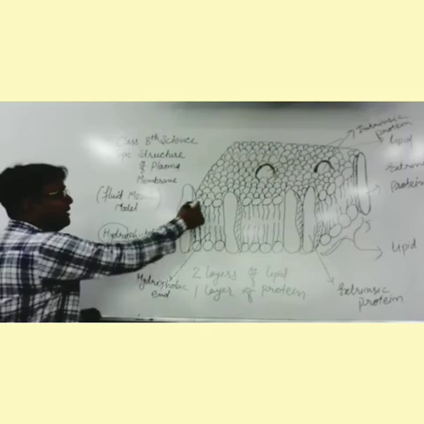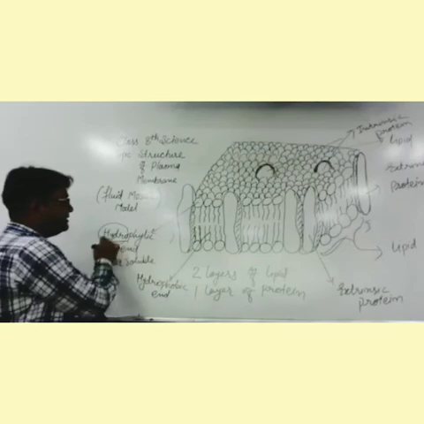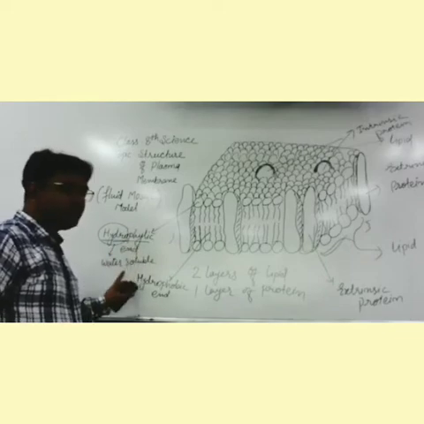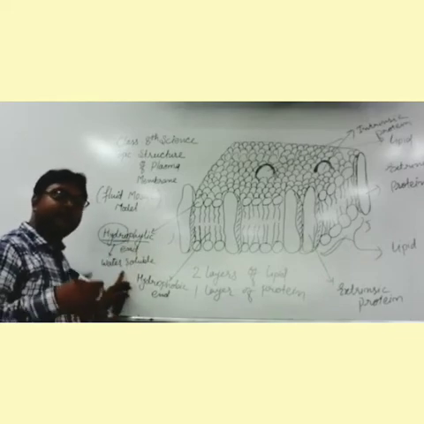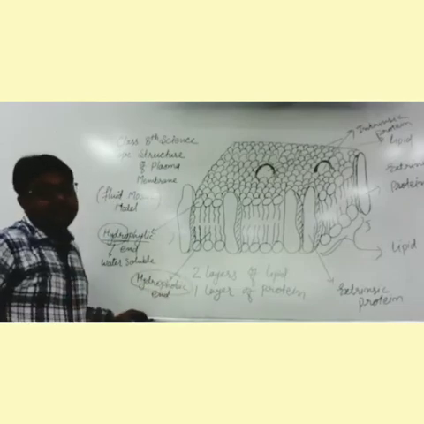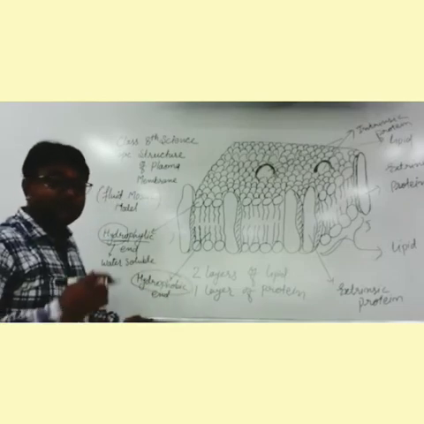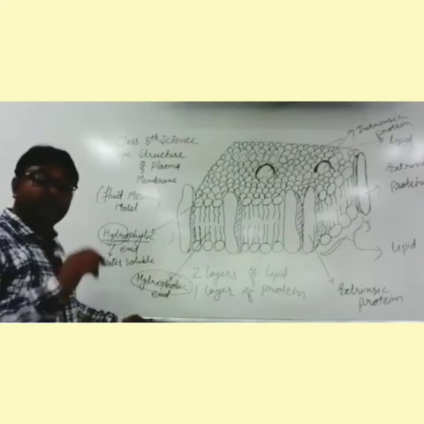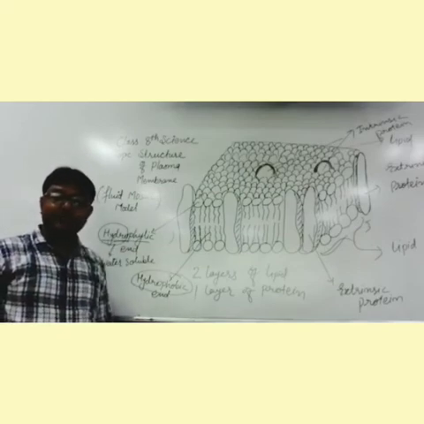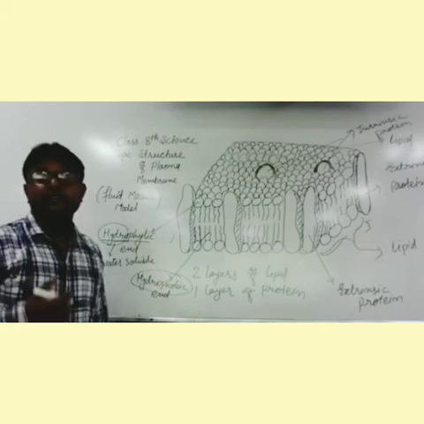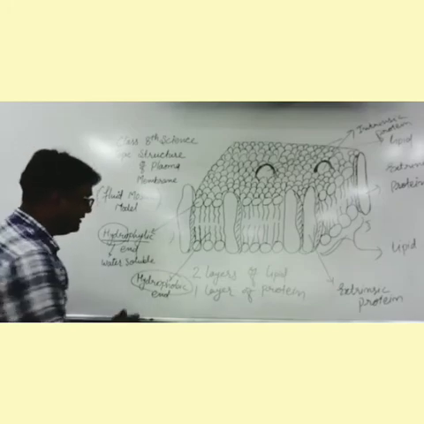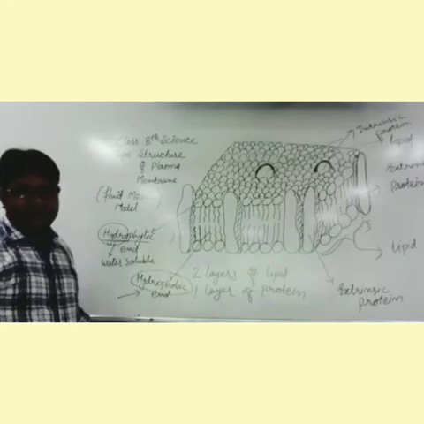The hydrophilic end of the lipid layer allows water soluble substances to enter, and the hydrophobic end does not. So what does the hydrophobic end allow? It allows lipid soluble, or fat soluble, substances to enter.